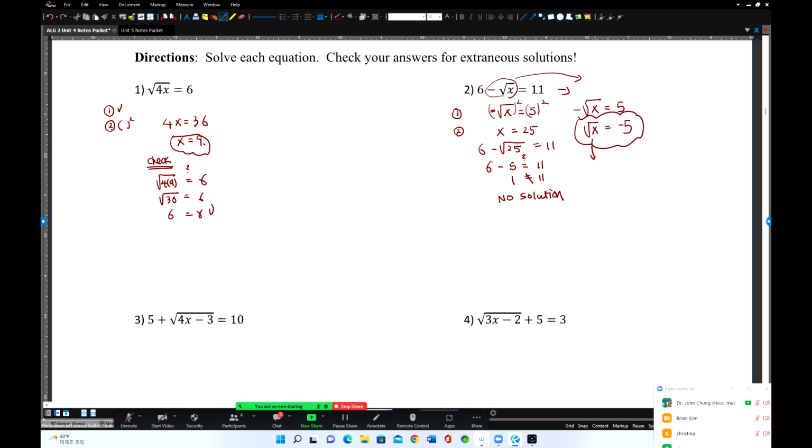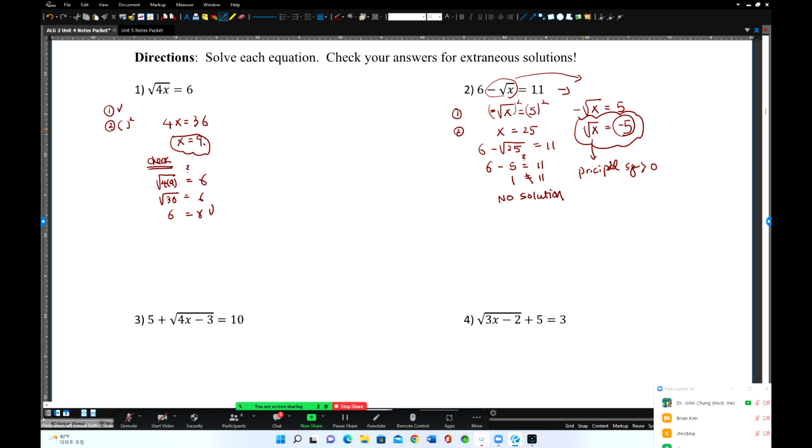This is a principal square root. Principal square root is always positive, but this is negative. Positive cannot equal negative.